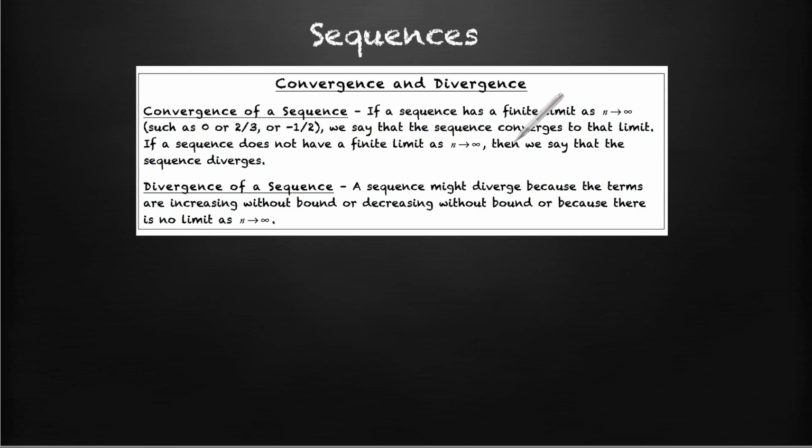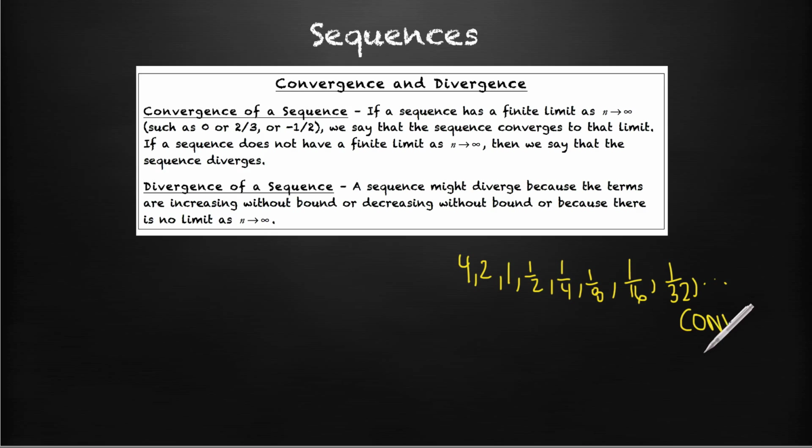All right, so let's say we have the numbers 4, 2, 1, 1/2, 1/4, 1/8, 1/16, 1/32, dot, dot, dot. Well, those numbers, if I keep going, are approaching 0. So this would be an example of a sequence that would converge.